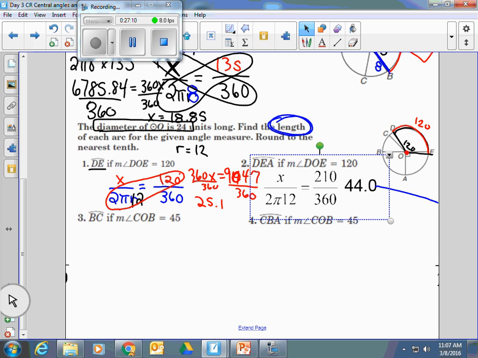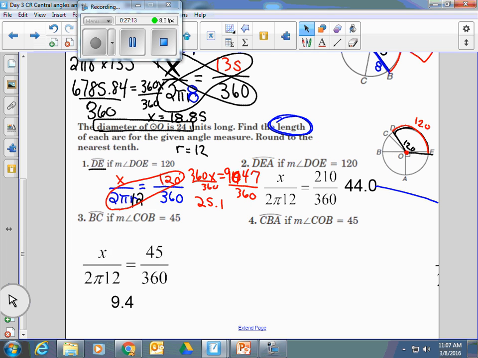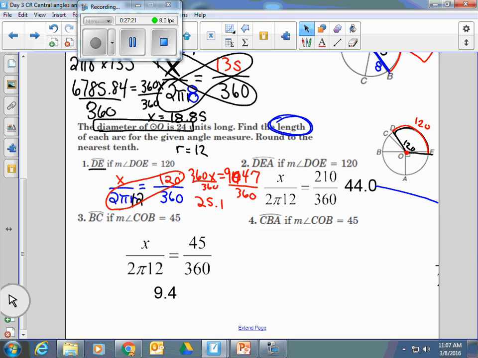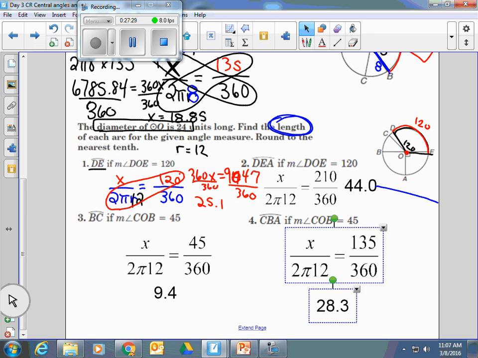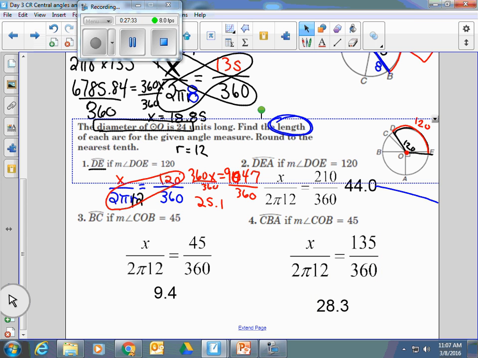Then on number 3, you should have set it up as x over 2 pi 12 and 45 over 360, and you got 9.4. Is that true? How many of you got 9.4? Good. And then the last one, you put it as 135 over 360 and you got 28.3. We're good? Good.